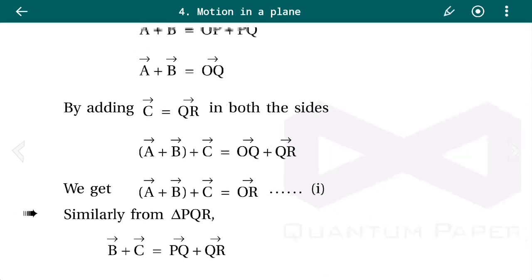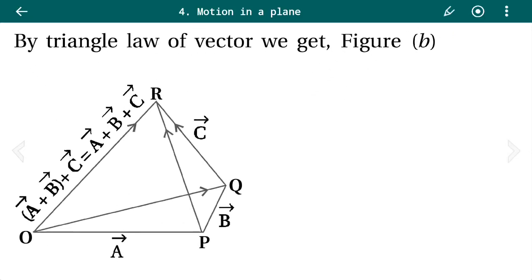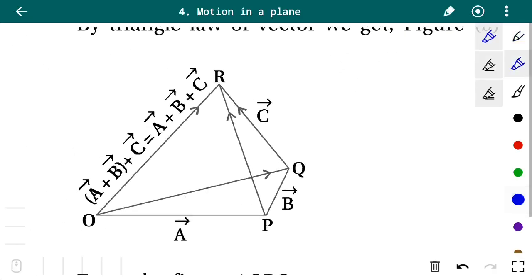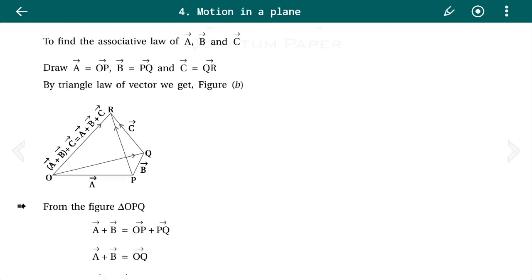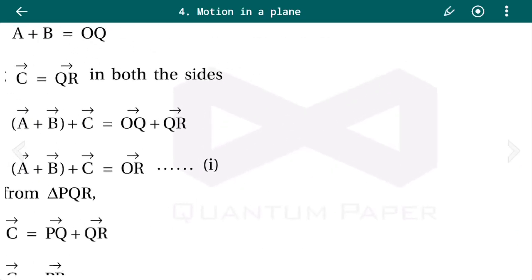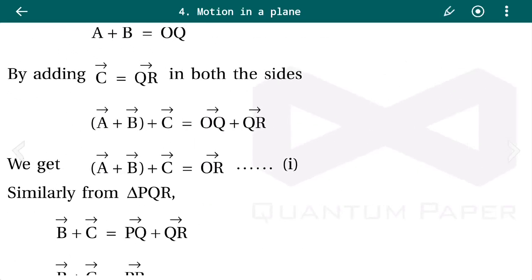And OQ plus QR gives me OR. So from this figure we get vector A plus vector B in bracket plus vector C is equal to OR.